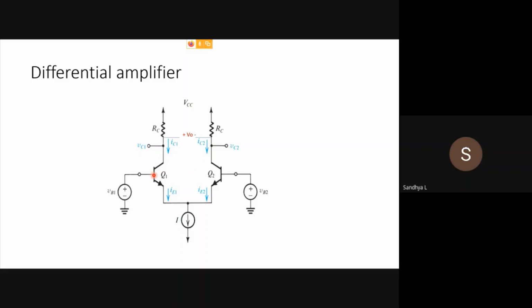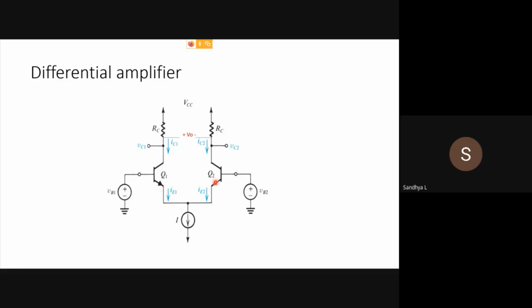So Q1 and Q2 have a collector resistor, and these collector resistors are also assumed to be of the same value, same tolerance, everything.